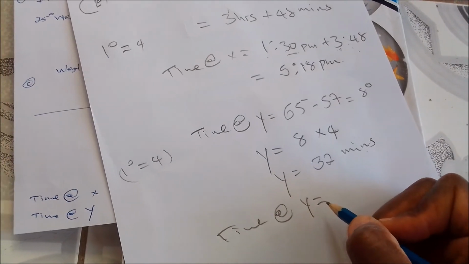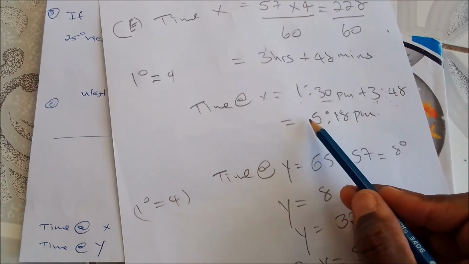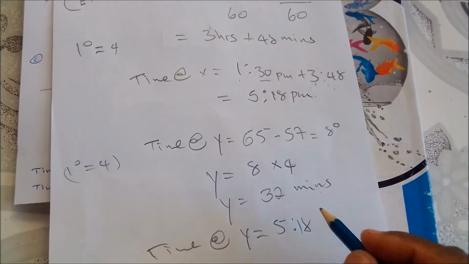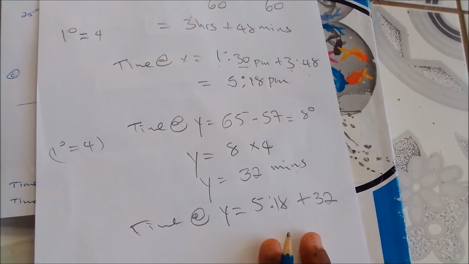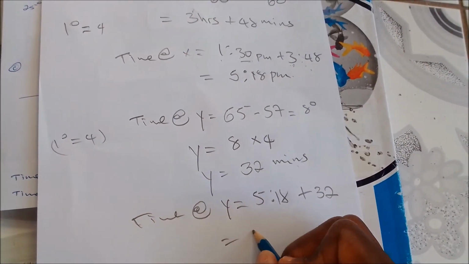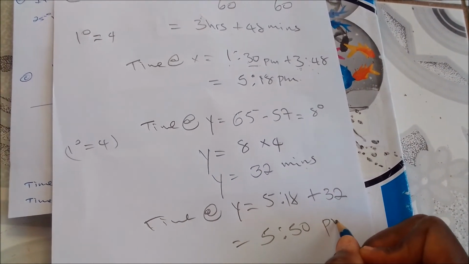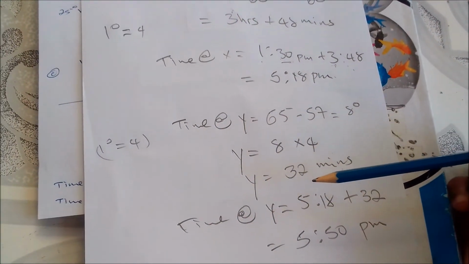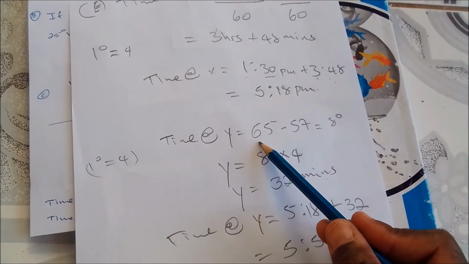So therefore time at Y equals 5:18 p.m. plus 32 minutes, and that would be time at Y equals 5:50 p.m. So I don't need to work out all of this for the time at Y. I just need to minus, because remember, we are on the same trajectory here.